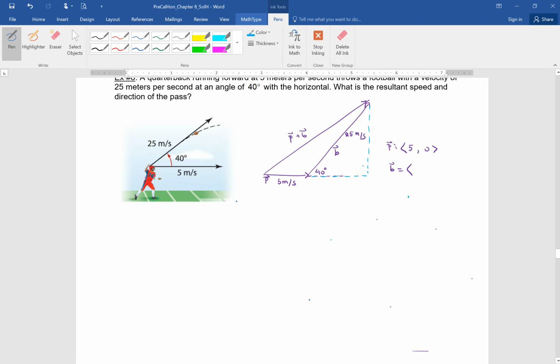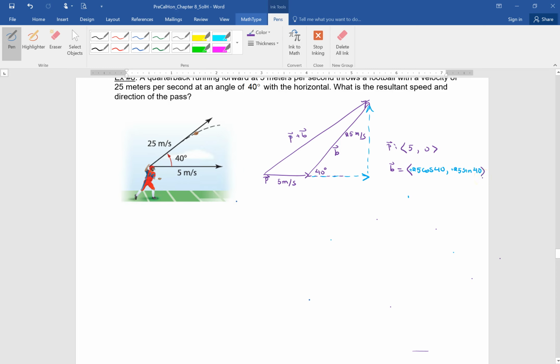If it's the component that's adjacent to the angle, then it's 25 cosine 40, and this y component is 25 sine 40 because it's the opposite side. Now, direction. The x vector is pointing in the positive direction, so is the y vector, so both of these are positive. So that's my B vector in component form.